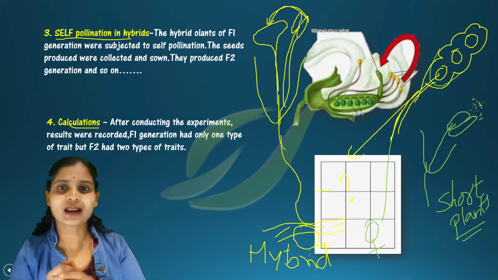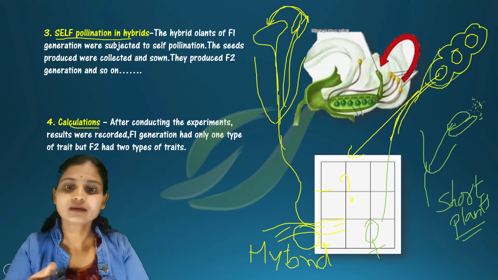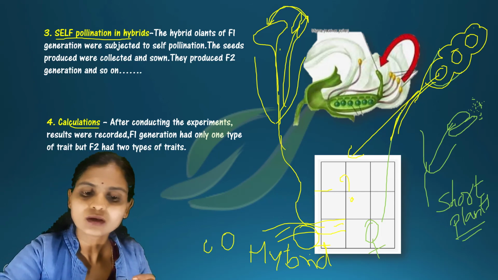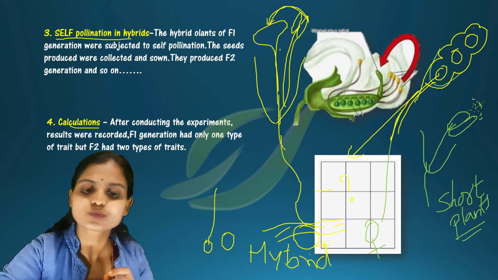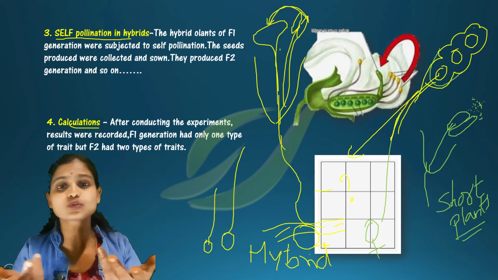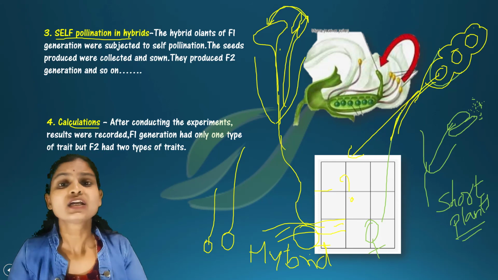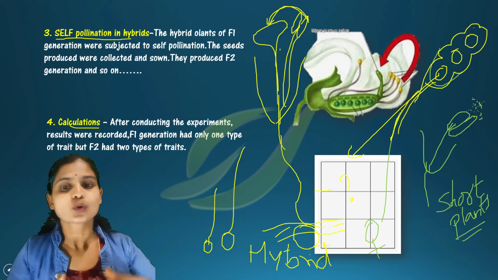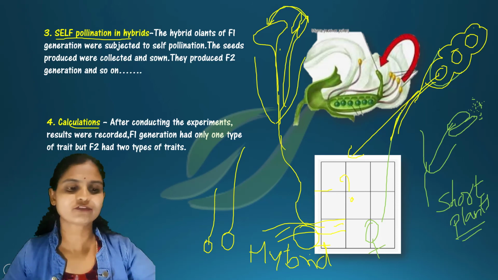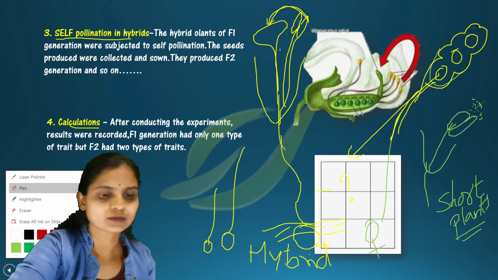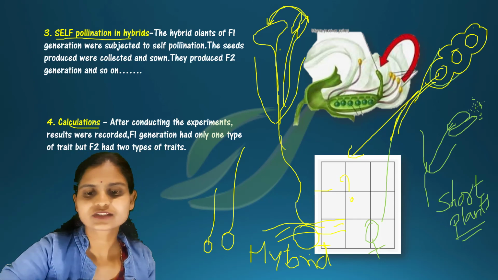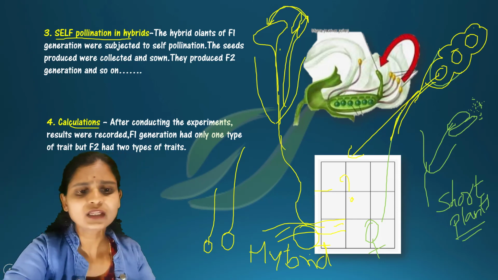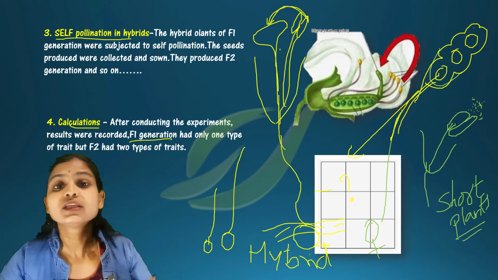Once the hybrid plant was obtained, he collected the seeds from it and sowed them again, and started recording whether tall plants or short plants were produced. He just observed all these things in the F1 generation.